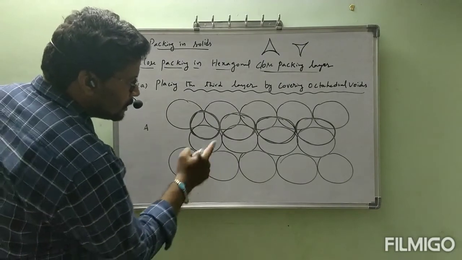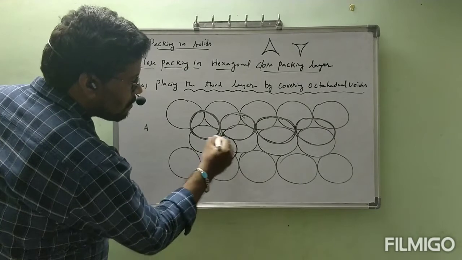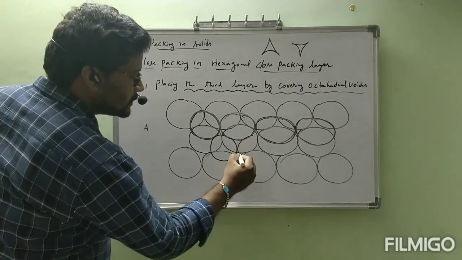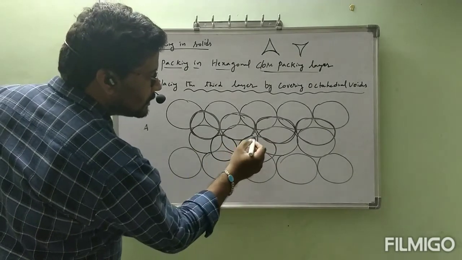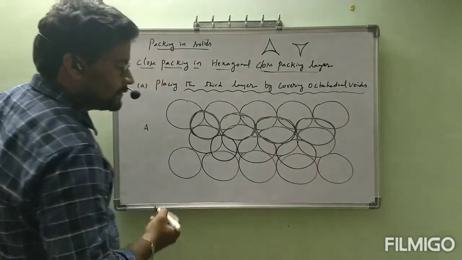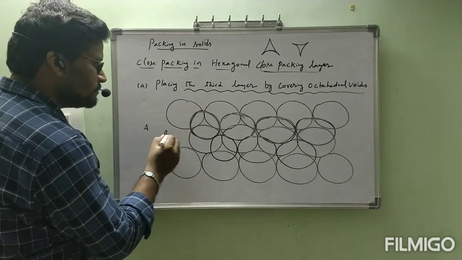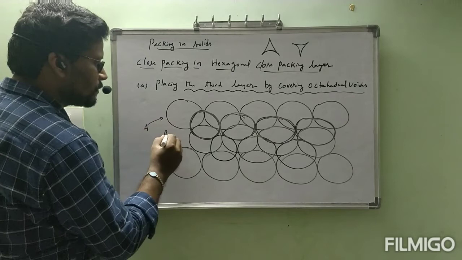Next, see again here I am going to keep. Next again same, here you will get the particle. Automatically it will be adjusted into this way. Like this we got the B layer. This is B layer, this is A layer.